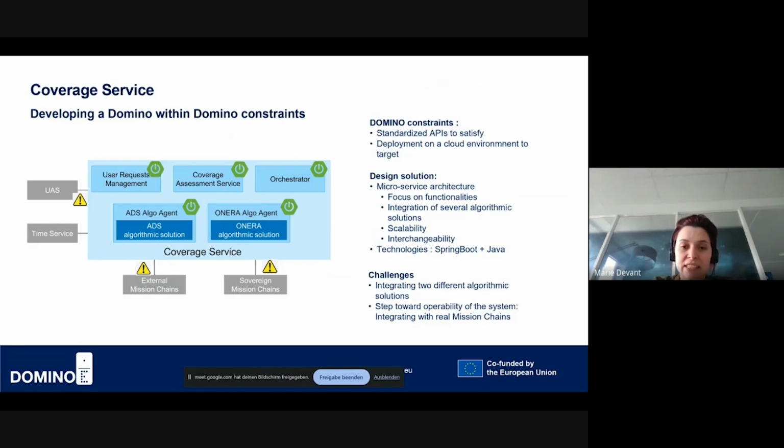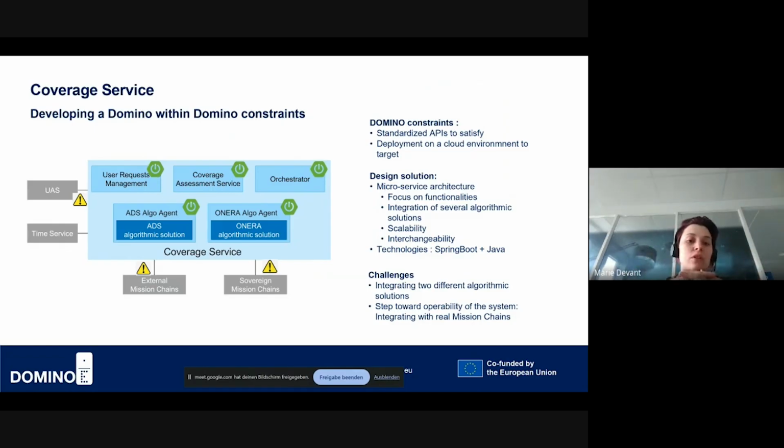We also decided to choose this microservices architecture because we are integrating two algorithmic solutions, and so we decided to integrate them into small boxes, which are Docker images, and so they are interchangeable.